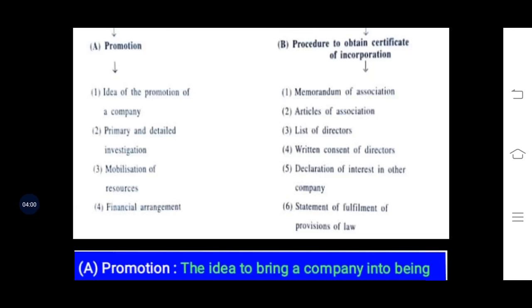In the Memorandum of Association, the goal and objective of the company are mentioned. This is the first basic fundamental document of the company, and no document of that company can be in contradiction of the Memorandum of Association.